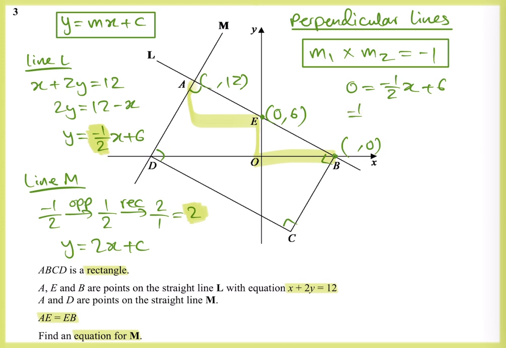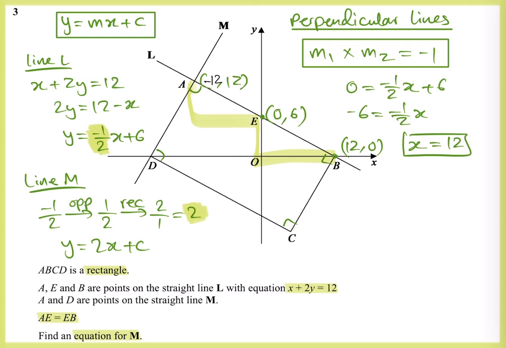So negative 6 equals negative a half x. That means x is equal to, times by 2, negative 12 over negative a half, so it's 12. That's the x-coordinate of B. Now, doing the same thing, if that's 12 away, I need to go 12 that way, so that's negative 12 for this value here.